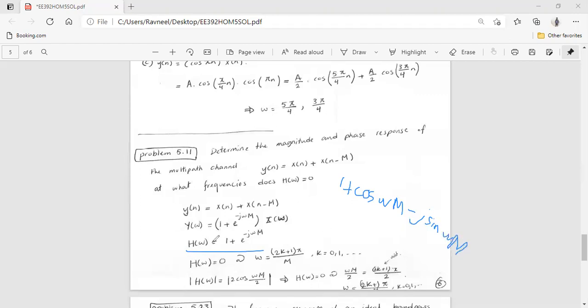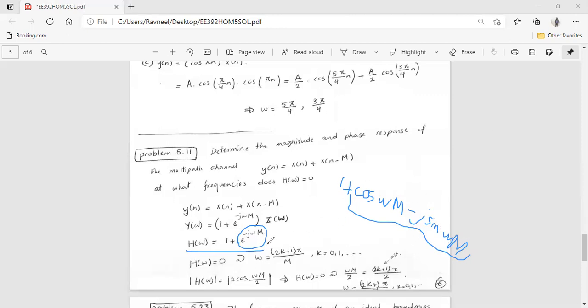So H of omega can be written as 1 plus cos omega m minus j sine omega m. We are expanding the term e to the power of minus j omega m, that is cos omega m minus j sine omega m.